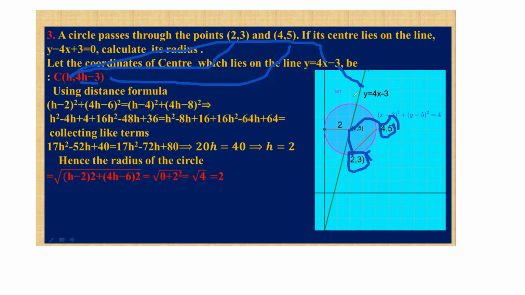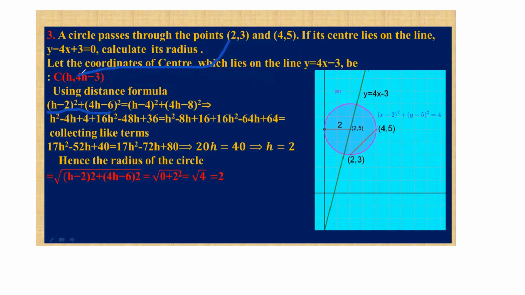So the distance from the center to (2, 3) is this one.